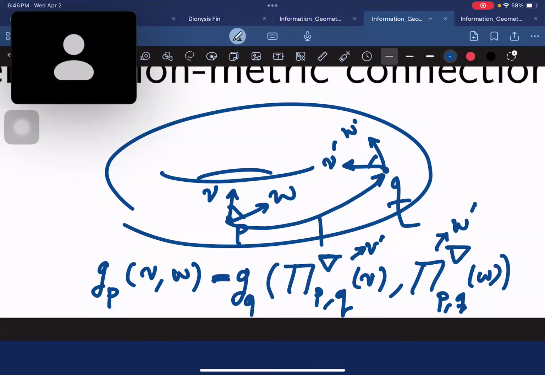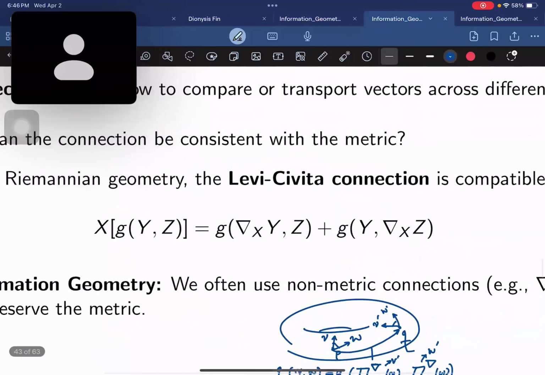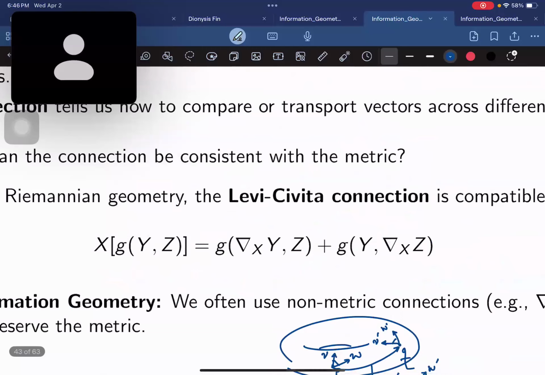Out of all connections, the ones important for us have this kind of relation. To formulate that, because the affine connection has n to the power of 3 components, we need n to the power of 3 constraints.